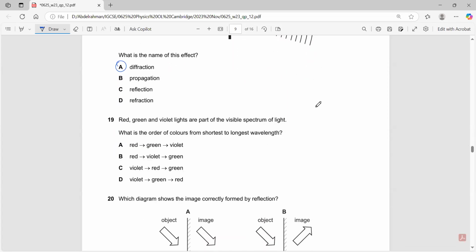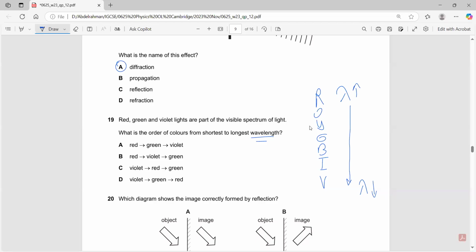Red, green, and violet lights are part of the visible light spectrum. What is the order of colors from shortest to longest wavelength? We know ROYGBIV, right? It's in this order from the longest wavelength to the shortest wavelength.